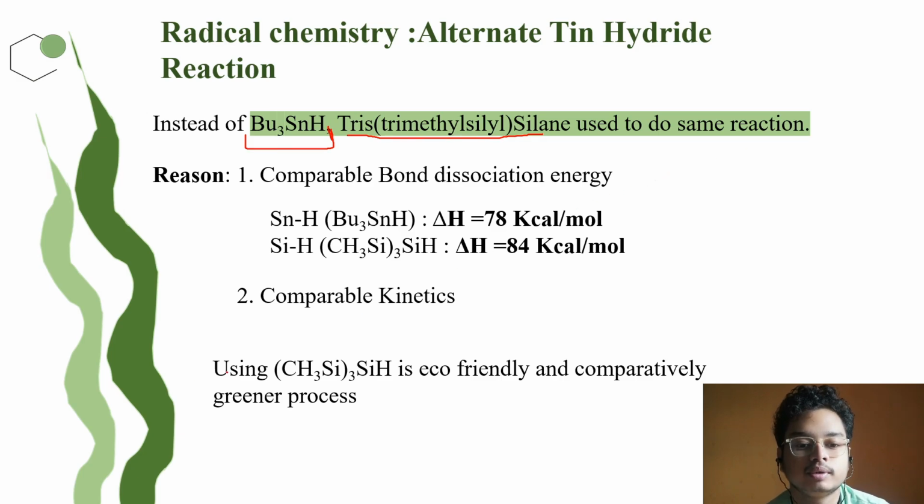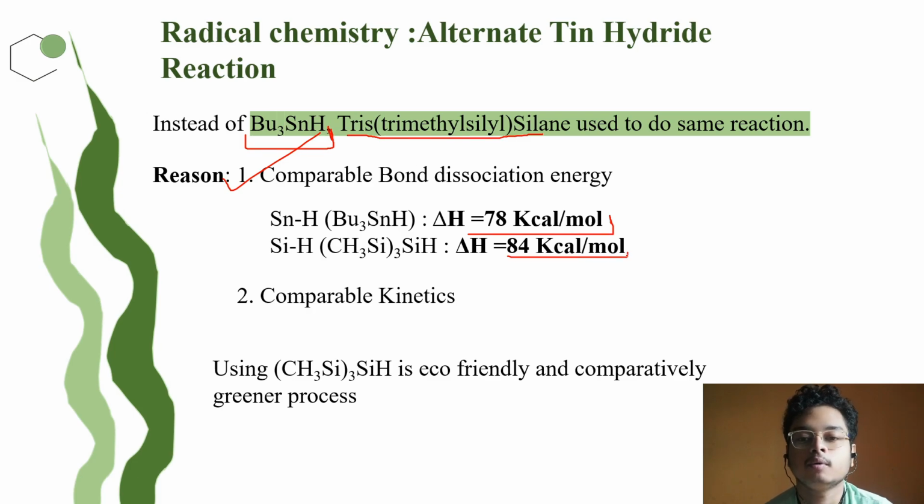The first argument is that the first part of this chain reaction is the Sn radical formation. To form the Sn radical, this bond dissociation energy should be much lower. In the case of tin hydride, the Sn-H bond dissociation energy is 78 kilocalorie per mole, and in the case of tris(trimethylsilyl)silane, the Si-H bond dissociation energy is 84 kilocalorie per mole.